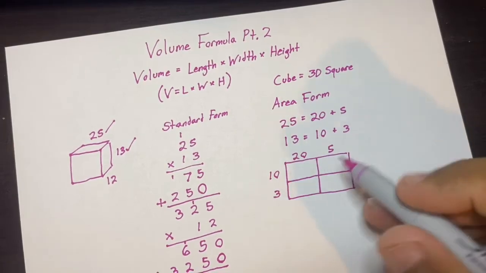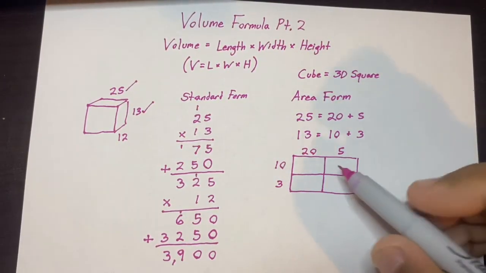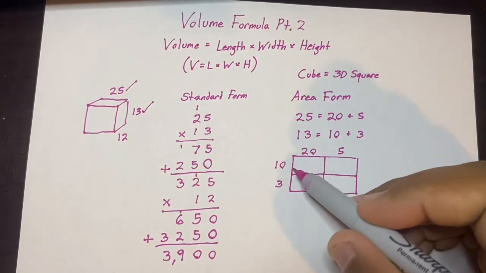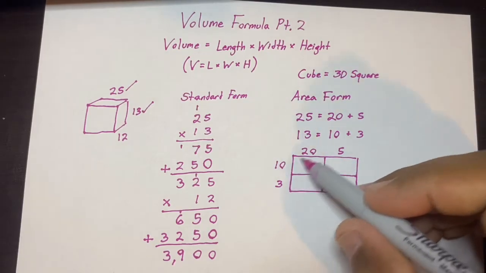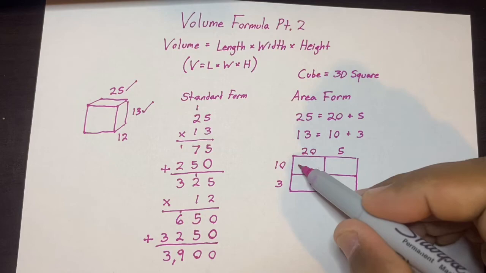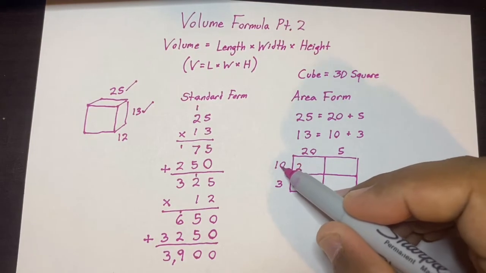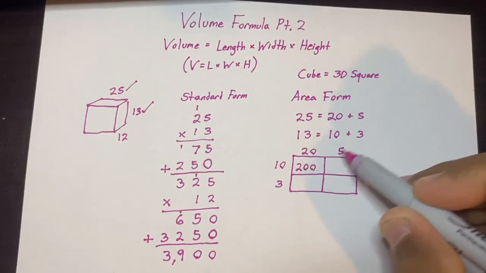How this works, hopefully you guys can see it. How this works is very simple. You're multiplying each number here to each number here. And there's a quick way to do this. So 1 times 2 is 2. Between the 10 and the 20, there are 2 zeros, so you add 2 zeros.